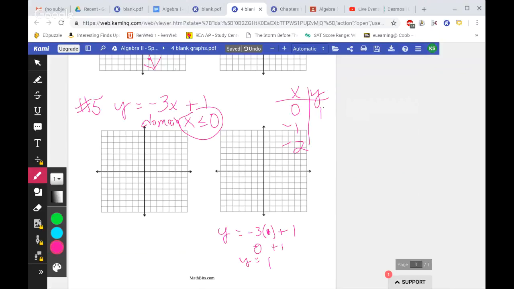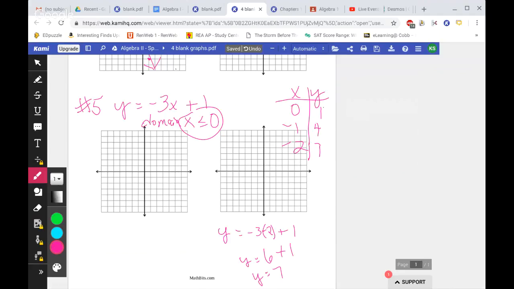Now I can put in a negative 1. Negative 3 times negative 1 is a positive 3, and 3 plus 1 is 4. So when x is negative 1, y is 4. When x is negative 2, negative 3 times negative 2 is positive 6, plus 1, y equals 7. So when x is negative 2, y is 7.